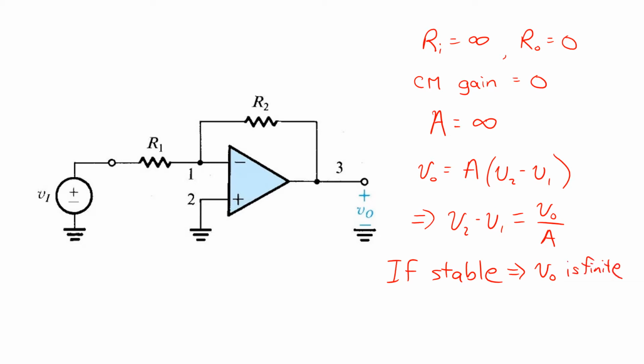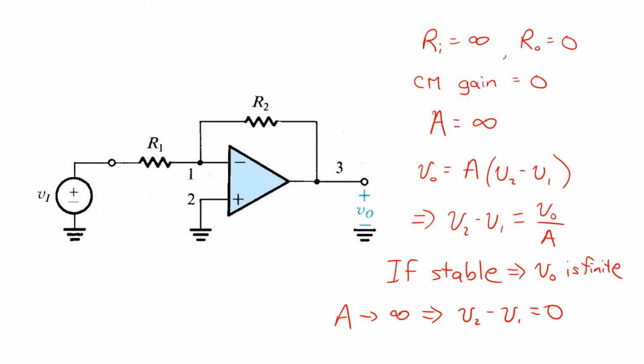If VO is finite, but A is infinite, then we must conclude that the difference between the two input voltages is zero. This important fact is going to greatly simplify the analysis of ideal op-amp circuits.